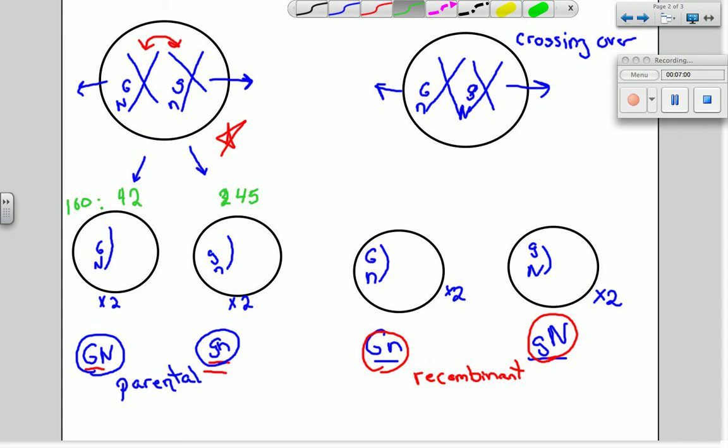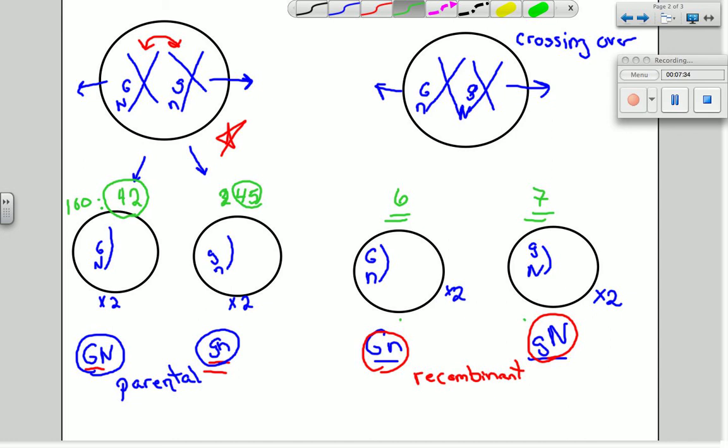And then another 6 looked like this, and 7 like this. So out of my 100 offspring, most of them, the 45 and the 42, had the parental phenotypes, the parental genotypes. A very small number have these other two genotypes. Because they're unequal proportions, that suggests that these two smaller numbers here are due to a crossing over event.